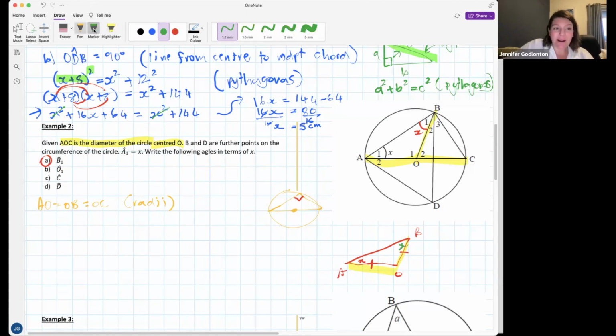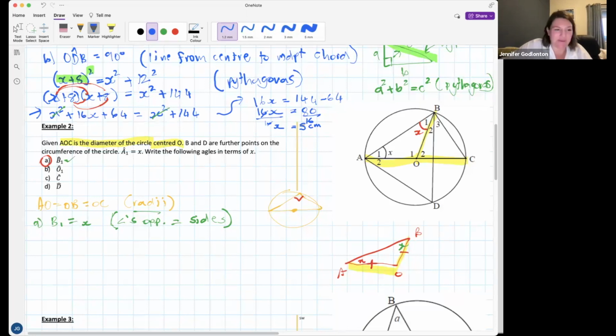So angle B1 is equal to X, and our reason is going to be angles opposite equal sides. Nice job. A is done.